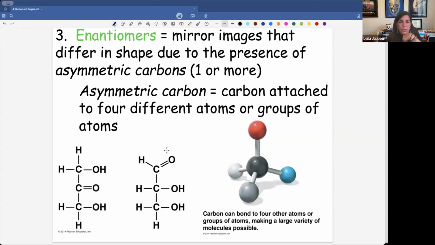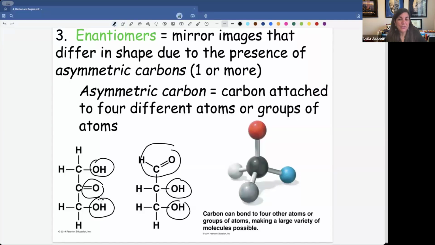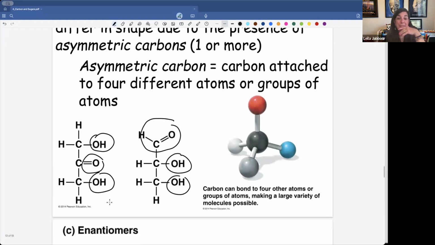So, for example, you see this group and this group, and these 3 carbons in the center, but now the groups are in different positions, and we end up with this asymmetry.